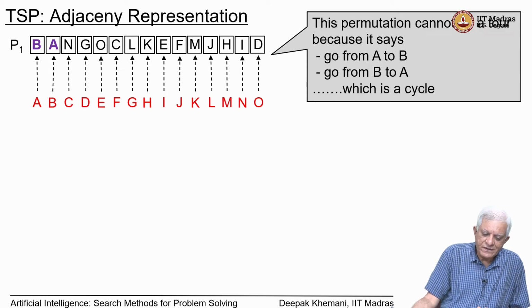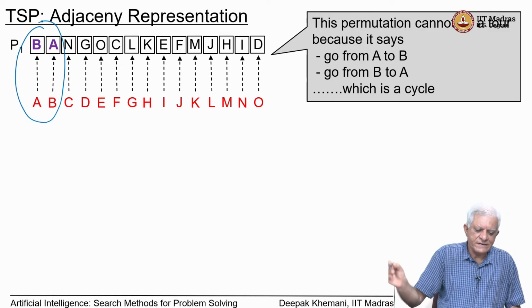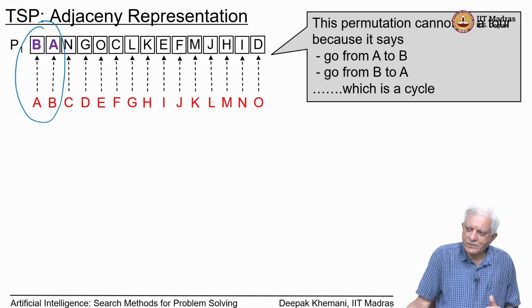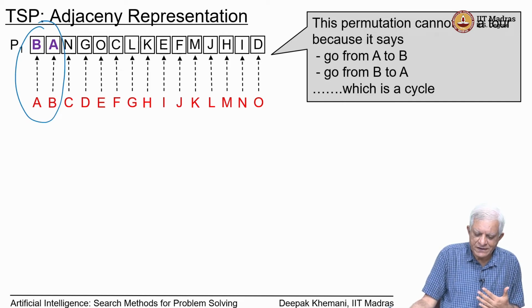And why is that? Because as you can see here, this says that you have come to B from A and you have come to A from B, which is basically a cycle within the cities. So, that cannot be a valid tour essentially. So, not every permutation in adjacency representation is a valid tour.